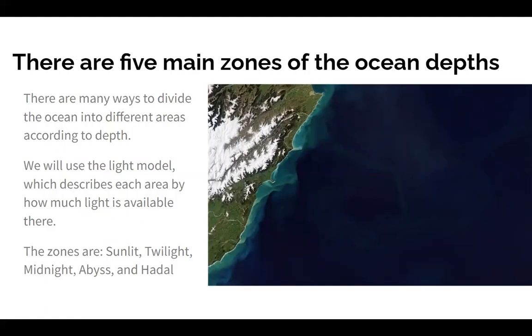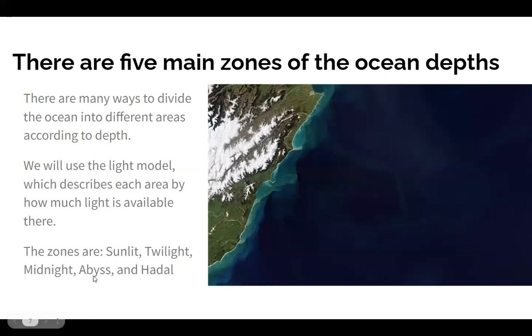There are 5 main zones in the ocean depths, okay? The depth zones. We'll be using the light model of ocean depth zones. There are a few different models, but the light model describes each area or each zone by how much light it receives.